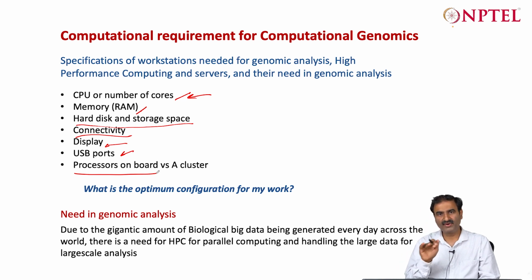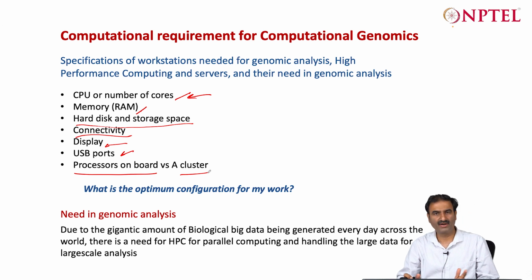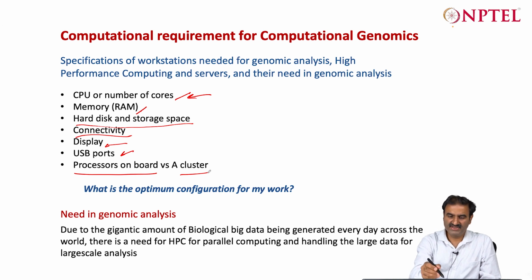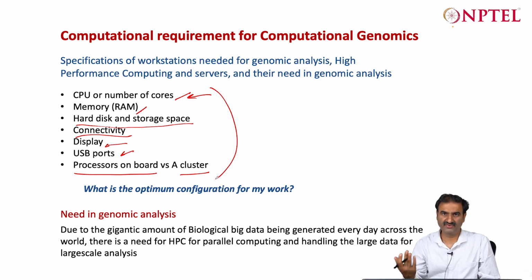If you combine those 4 together, it will become a cluster containing 4 nodes with 24 core processors, or you can have all 4 processors on a single board and still do your job, right? So these are the options and choices that you have to make based on your analysis work and requirements, right? And having a combination of these also helps sometimes, like having a good workstation as well as HPC cluster access is important for computational genomics.